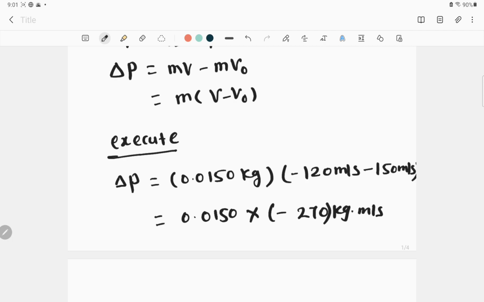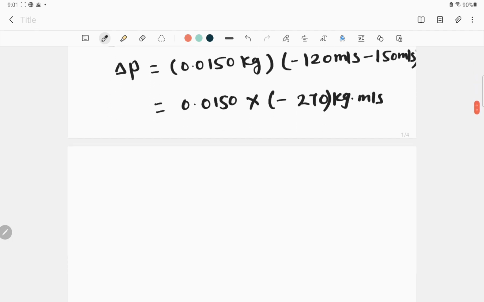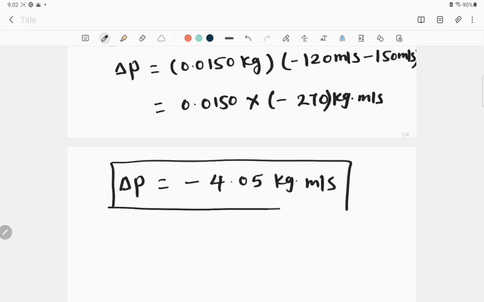So delta p is equal to, the negative sign is right here, 4.05 kg meter per second. The unit of momentum is kilogram meter per second. So this is delta p, that is, the change in momentum of the bullet is negative 4.05 kilogram meter per second.